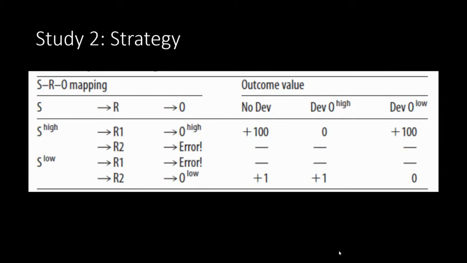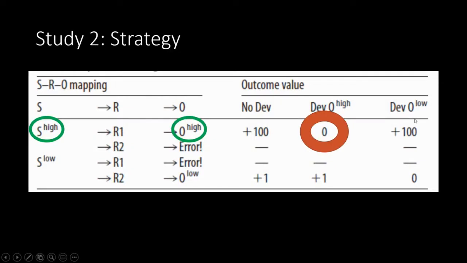As I say, the design is much simpler. We had only two different stimuli. The stimulus high, which was related with a high value outcome, which was worth 100 points all the time, really good, but not during the devaluation. In some blocks, we changed the value of this outcome from 100 to 0.